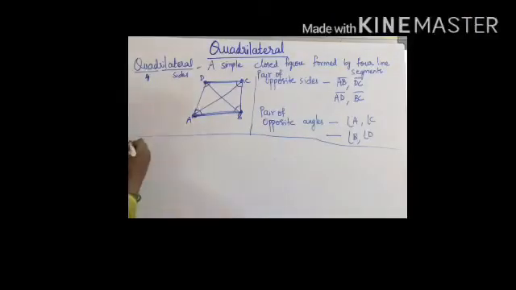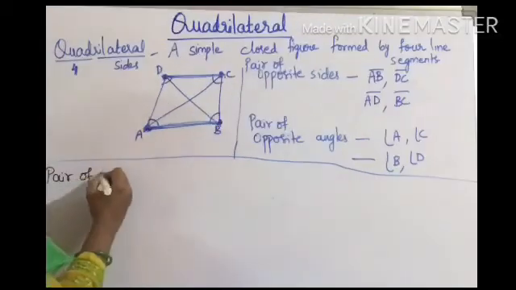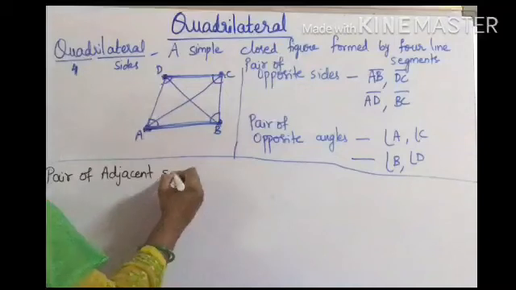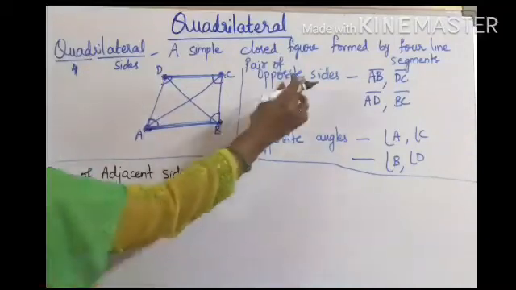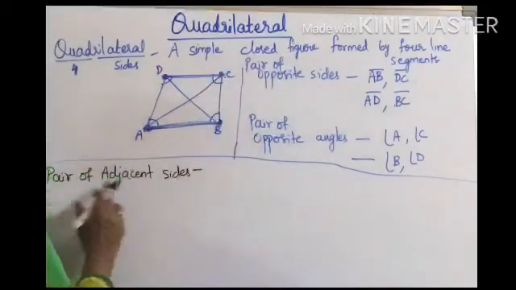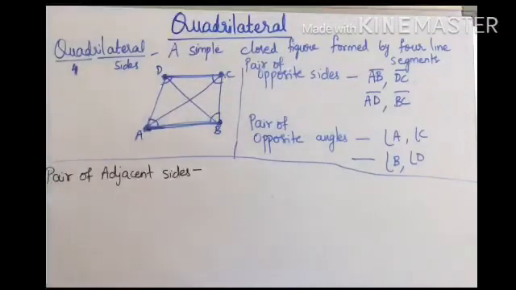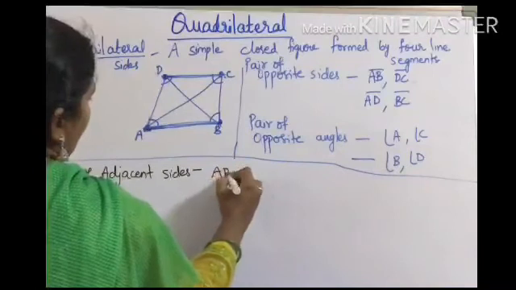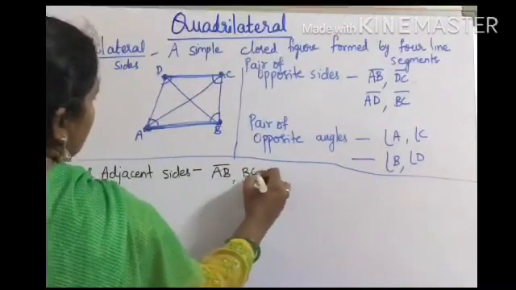Next, we are going to write pairs of adjacent sides. See, for opposite sides you get two pairs, but for adjacent sides you get four pairs. Adjacent means side by side. Here, AB is adjacent to BC, isn't it?